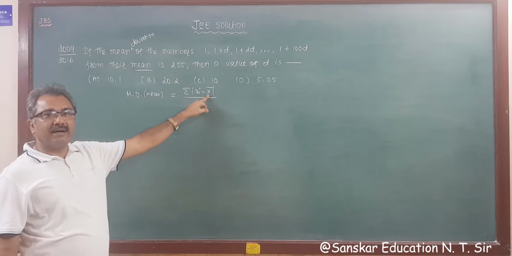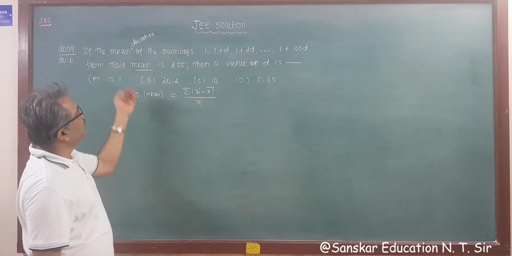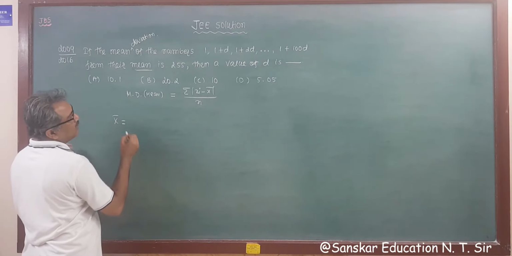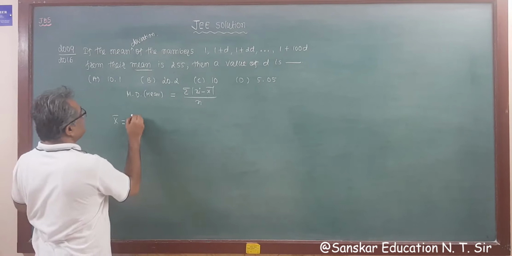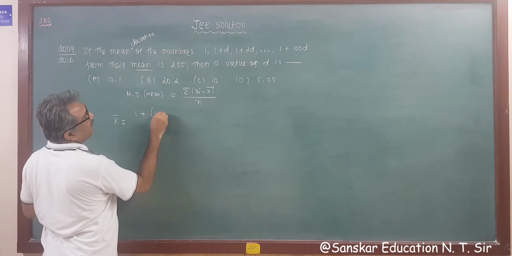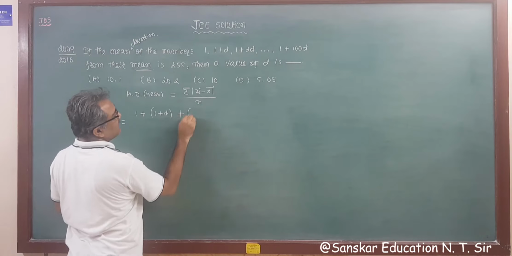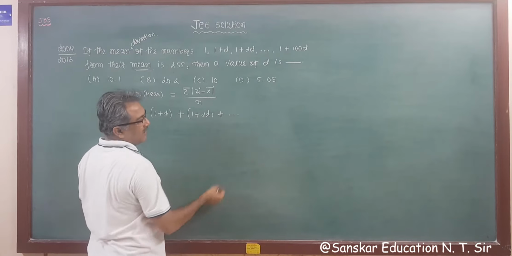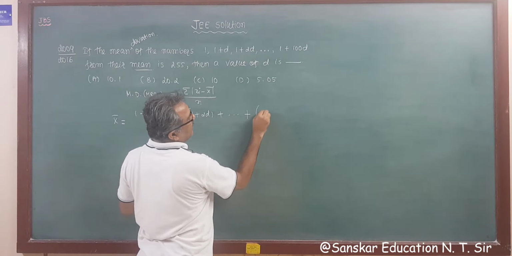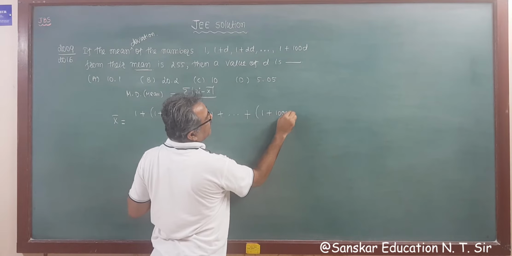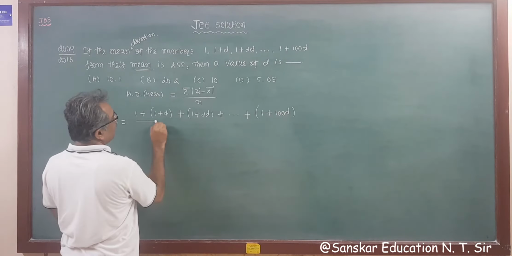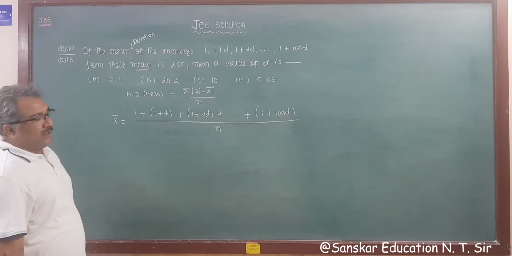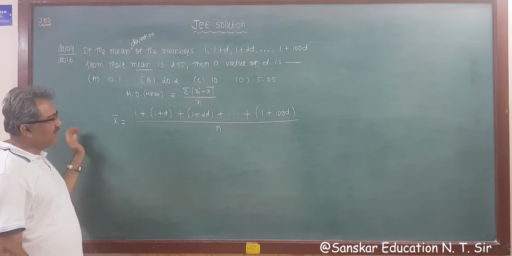Means we require the mean x bar first. So x bar is equal to the sum of all observations, 1 plus d plus 1 plus 2d and so on, last term 1 plus 100d, whole upon the number of observations n.